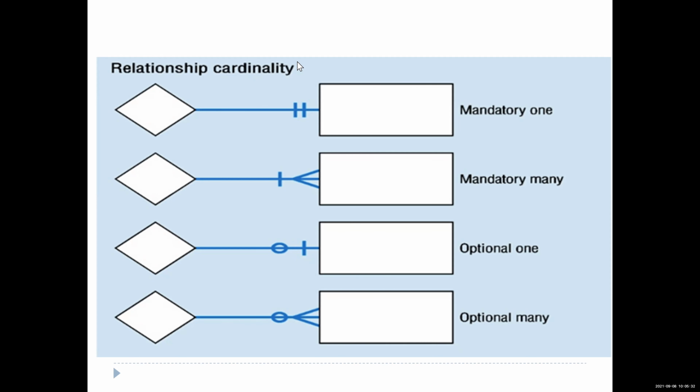Now I will also show you by drawing. So this way you will draw a line, and for 1 to 1, 2 vertical lines like this. Mandatory many to 1, so one 1 will come like this, okay? And like a tree-like structure for many. Got it, class?